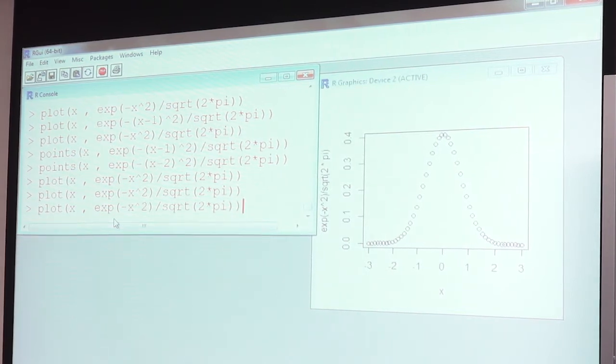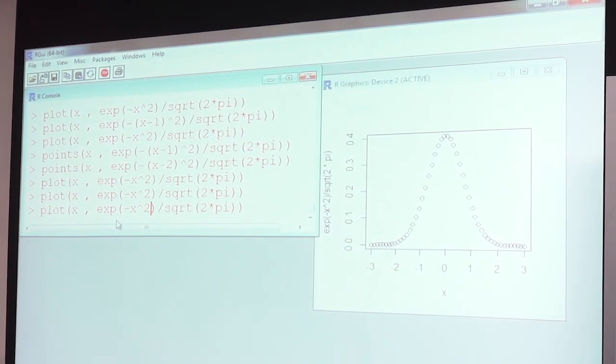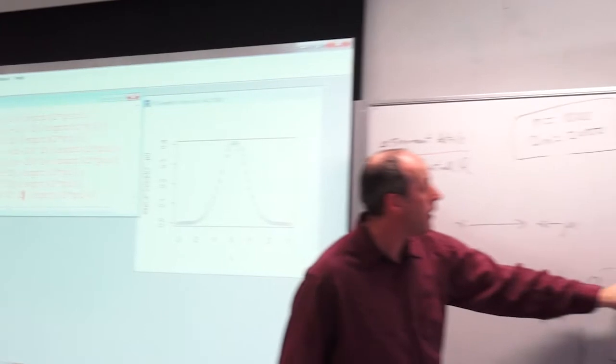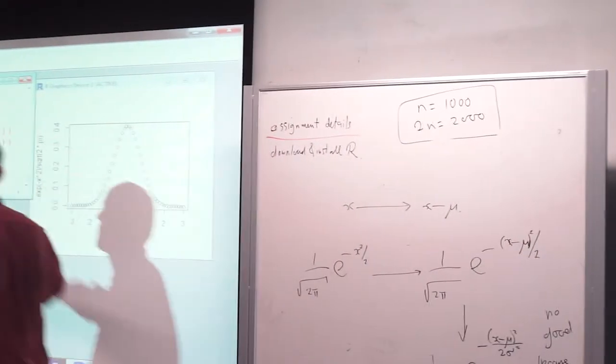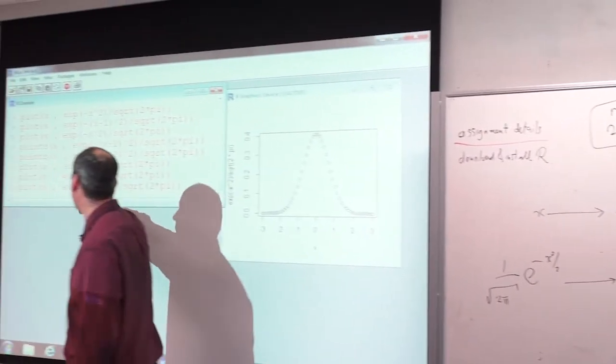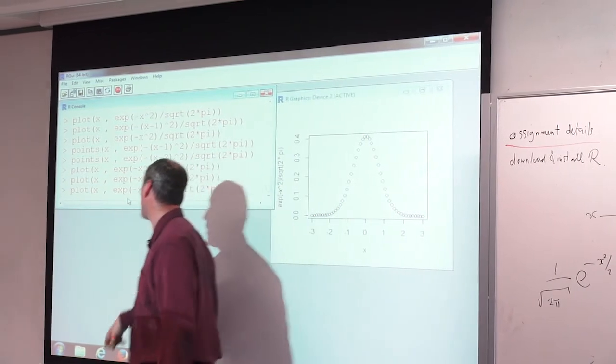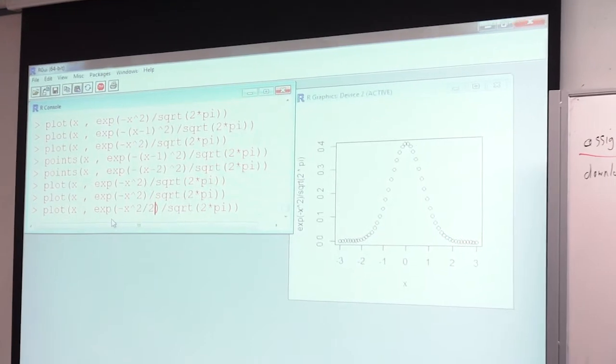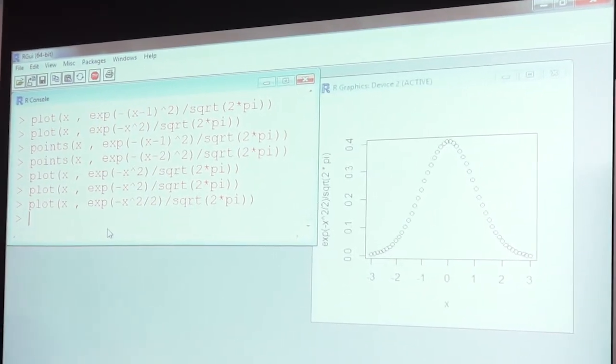Let's start again with that one. I think I'm getting myself tangled up here. When you look at my formula, it's got a division by 2 here, and I'd forgotten that on this curve, because inside the exponent I should be dividing by 2. And I've not done that. I should really have brackets there as well. There we go. So it makes it slightly wider.